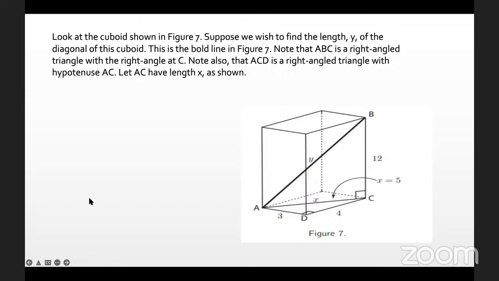Note that ABC is a right angle triangle with a right angle at C. Note also that ACD is a right angle triangle with hypotenuse AC. So let AC have length x as shown. So all the information is given there.